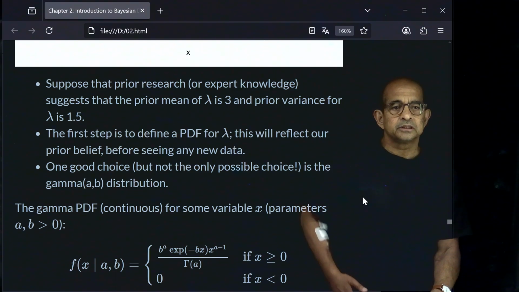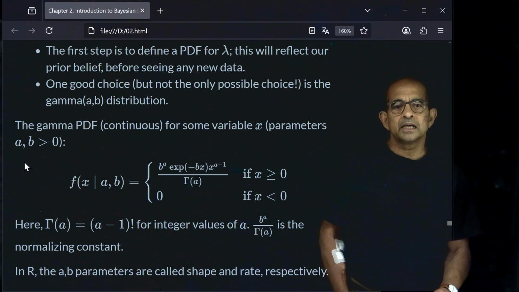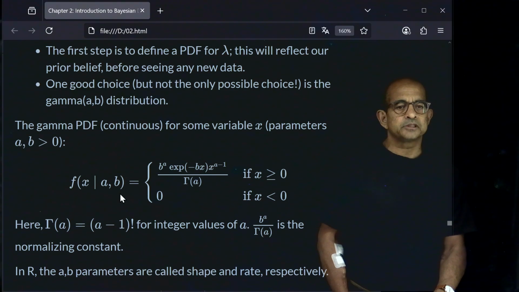A very convenient distribution that we can assume as producing the lambda is the gamma PDF, the gamma random variable. The PDF for the gamma distribution for any gamma distributed data x is described as follows. The gamma distribution takes two parameters, A and B, and on the right hand side here, for all values greater than or equal to 0, the PDF is this term here, and for any other value below 0, it will be 0.